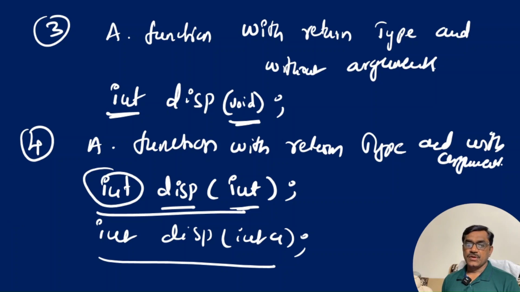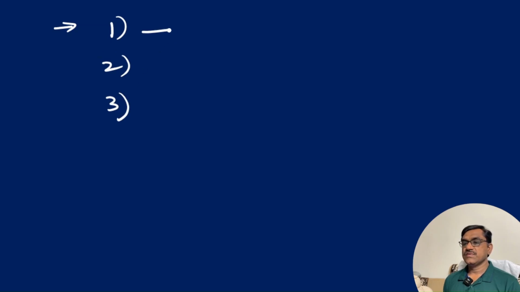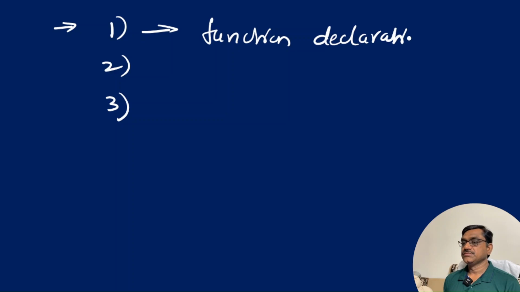Now, another important thing associated with functions: the concept of functions is mainly associated with three very important things. First, whenever we use the concept of user defined function, the first thing you have to do is function declaration, or we can say function prototype.